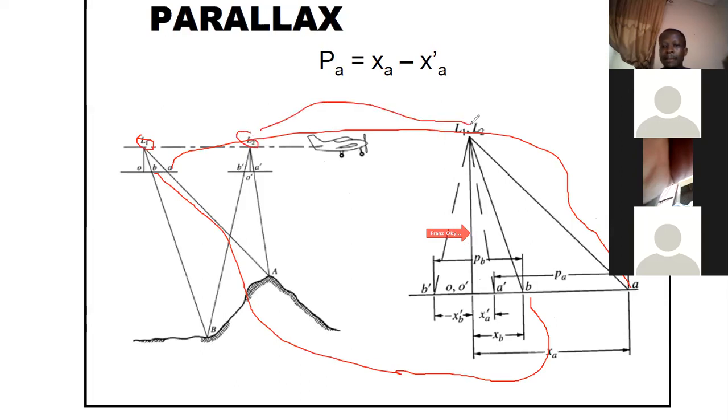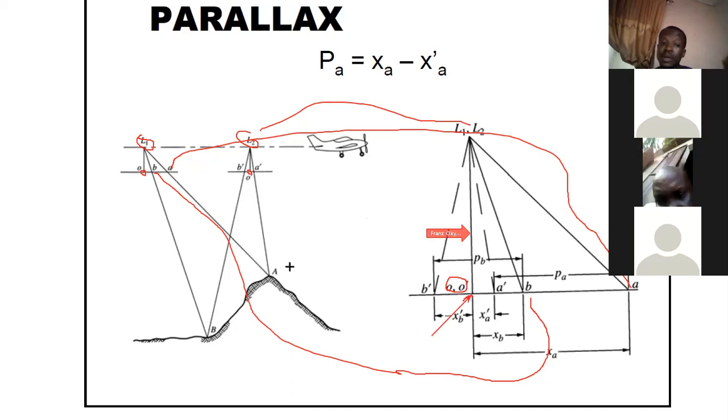Then we have O and O prime, which is this point here. The O prime you are seeing here is referring to this point.